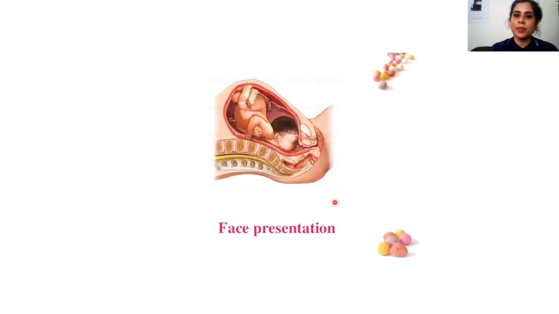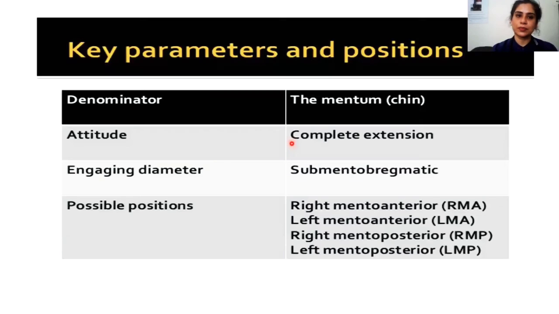So this is another picture which is showing the baby coming as a face presentation. The key parameters, just to revise quickly: attitude is complete extension at the neck, engaging diameter is submento-bregmatic, and the denominator is mentum. So what do you mean by denominator?